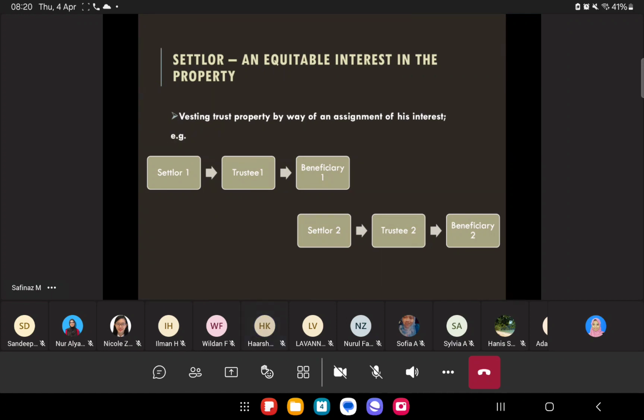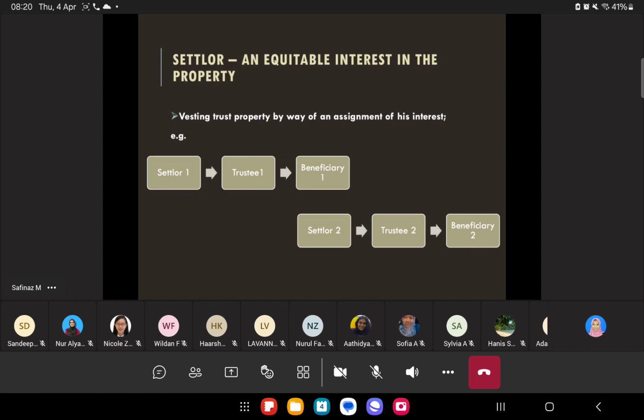Ada, Doktor. Okay, so sekarang kita lihat kepada situasi yang kedua. So tadi situasi yang pertama where settlor tu ialah owner both in law and in equity. So dalam situasi yang kedua ialah apabila settlor tu ada equitable interest in the property. Contohnya dia adalah beneficiary.